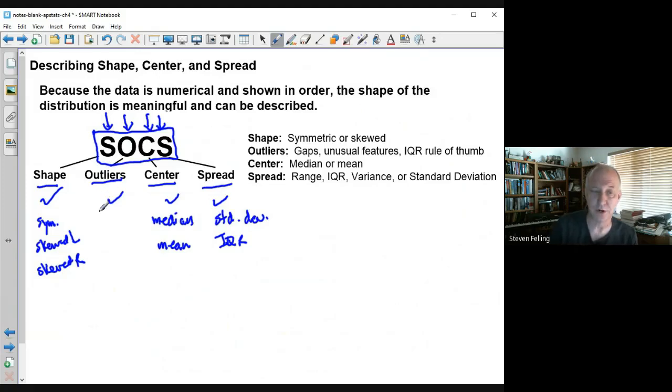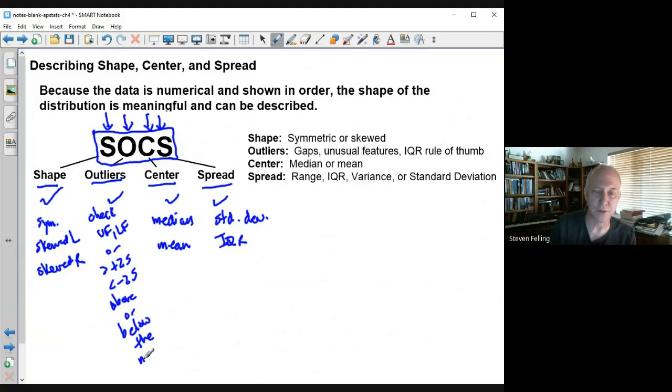And for outliers, we're either going to check the upper and lower fences, or we're going to ask whether or not the value is greater than 2 standard deviations above the mean or less than 2 standard deviations below the mean.